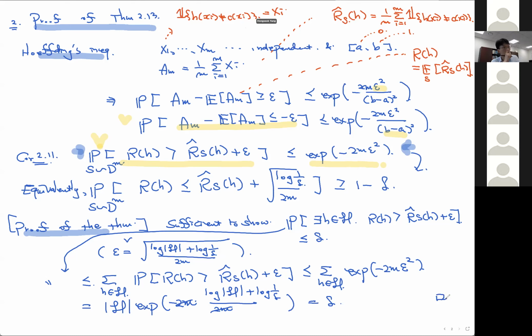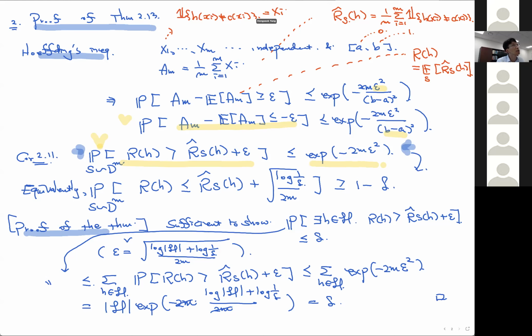So the proof, as I said, is quite simple. As long as you are using Hoeffding's inequality, the rest is quite simple. We use the union bound to decompose our reasoning about everything in H. In other words, we reduce the uniform bound into individual bounds, and for the individual bounds we are just applying Hoeffding's inequality. And that's what we get here.